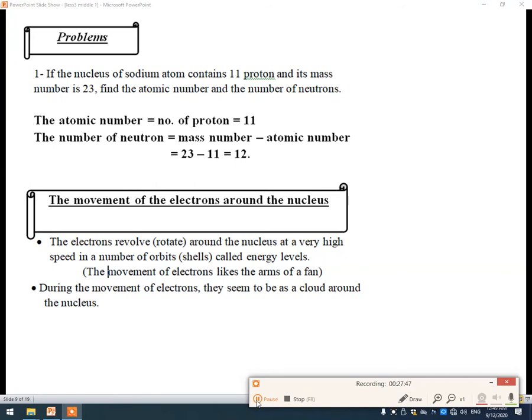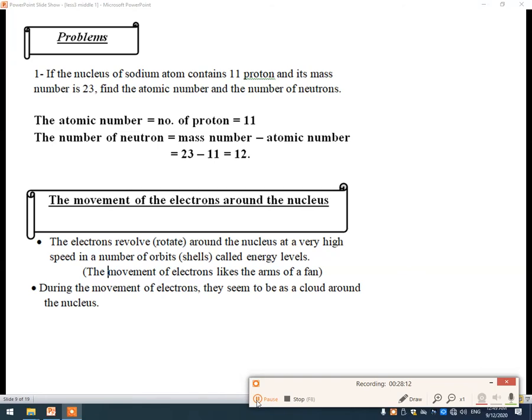So the electrons are moving in energy levels at very high speed around the nucleus like a cloud. You can't see one electron. Why? Because they are moving at very high speed and are seen as one body, as a cloud.